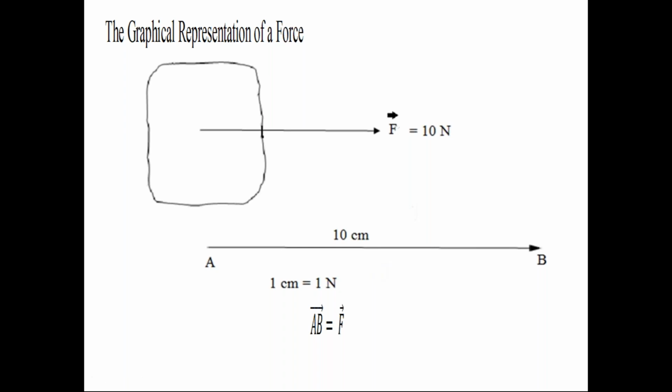Before going to discuss the graphical method, first of all, you should know what is meant by graphical representation of force. Then only you can understand that graphical method procedure. To find the resultant force of a coplanar concurrent force system, we have two methods: the graphical method and the analytical method.